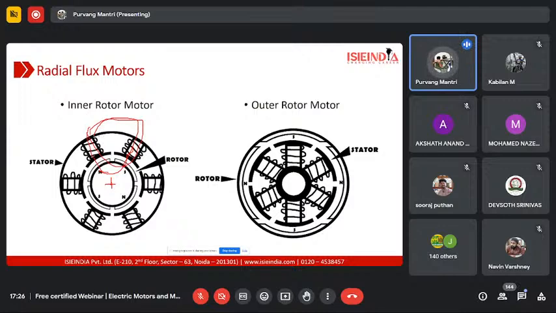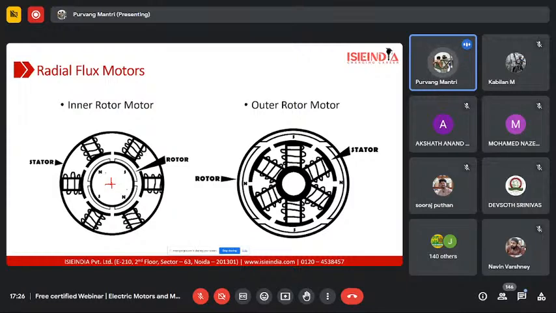In radial flux motors as well, there are two different types: inner rotor motor and outer rotor motor, based on where we are placing the rotor. If the rotor is placed within the stator windings, which is the left side image in this case, the rotor is in between and the magnets are mounted on the rotor. This is an inner rotor motor.